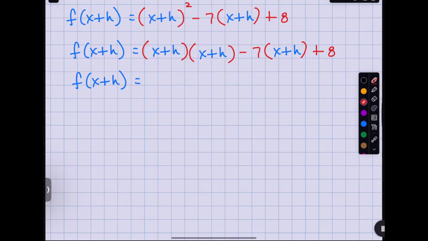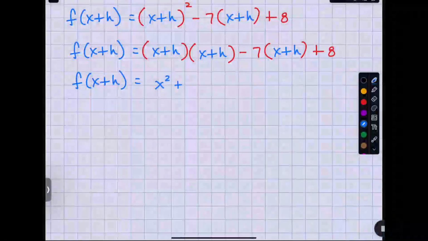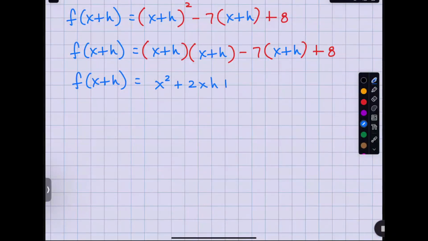So you're going to have x squared plus 2xh plus h squared minus 7x minus 7h plus 8. Questions?